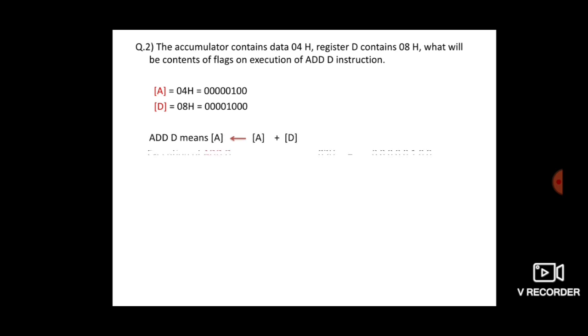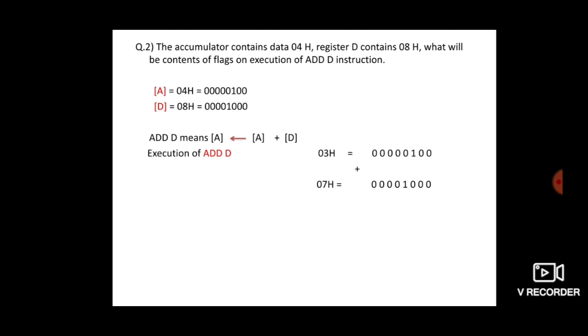Now see here, execution of ADD D. Write the hexadecimal value, sorry, here 04H, 00000100, and 08H. Instead of 03 write 04, instead of 07 write 08, then plus 0000 1000. This is the value of 08.